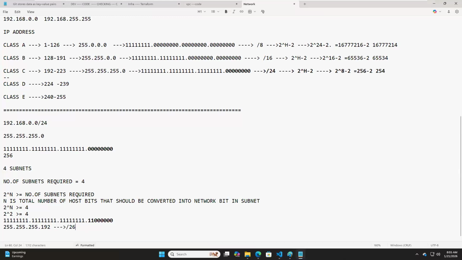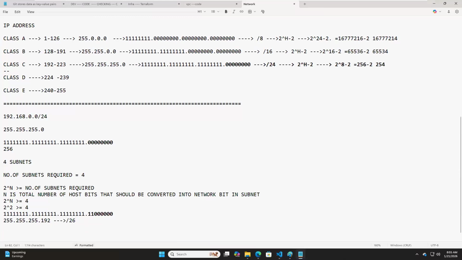The next question is how many IPs, including the network ID and broadcast ID, will be generated in each of the new smaller networks.